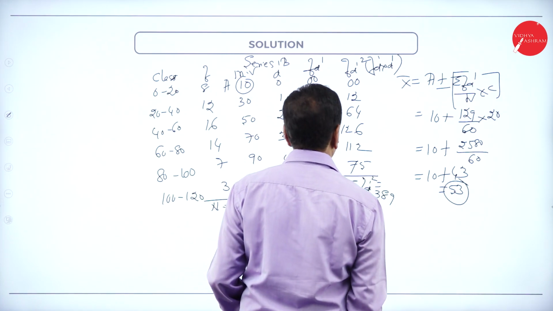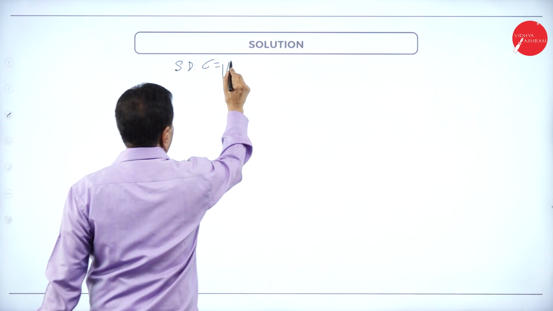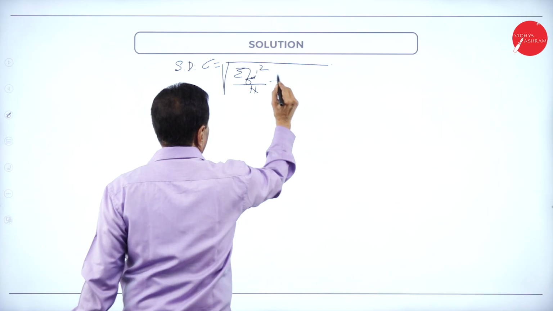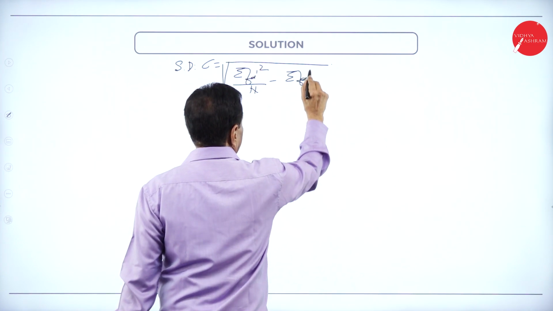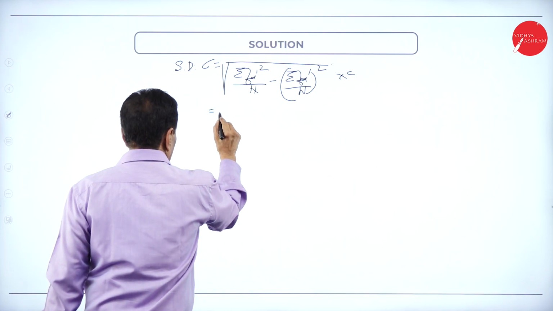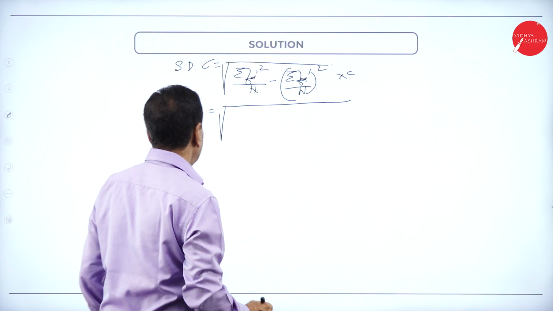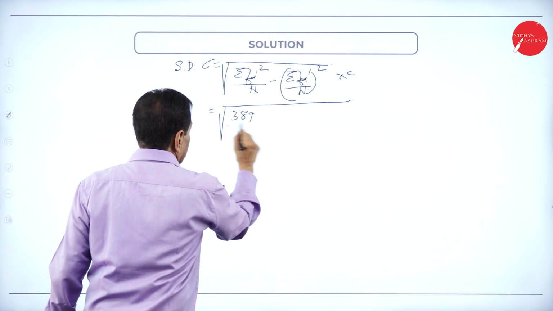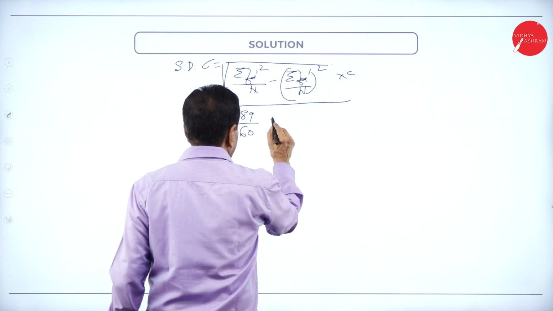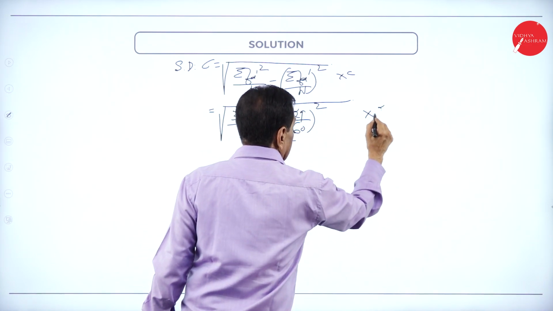Then we move on to standard deviation. Root of sigma f t dash square divided by N minus sigma f t dash divided by N whole square, into C. Sigma f t dash square is 389, number of frequency 60, minus 129 divided by 60 whole square, into 20.